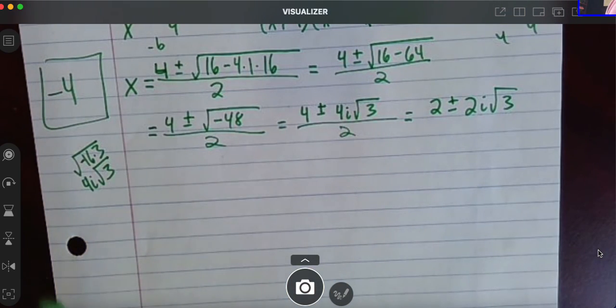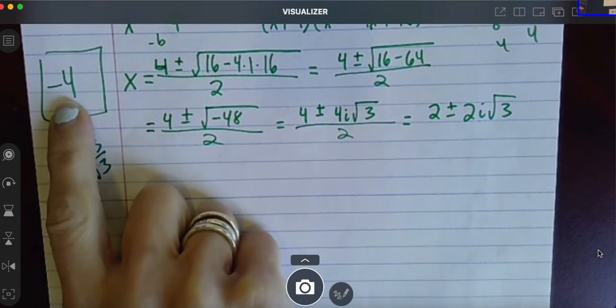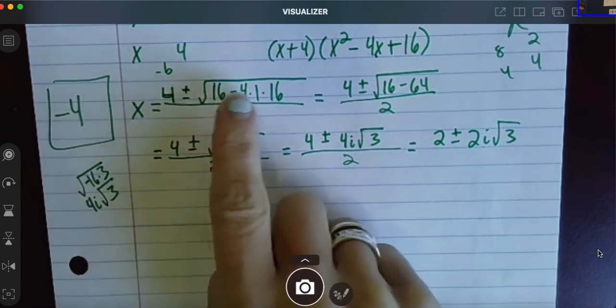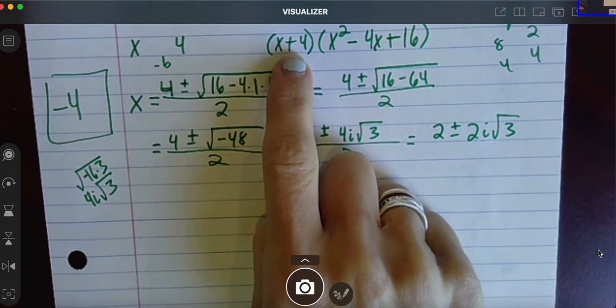Is it negative 4 or is it x minus 4? Oh, it's negative 4 right here. Your answer is negative 4, because look, it was x plus 4 equals 0.